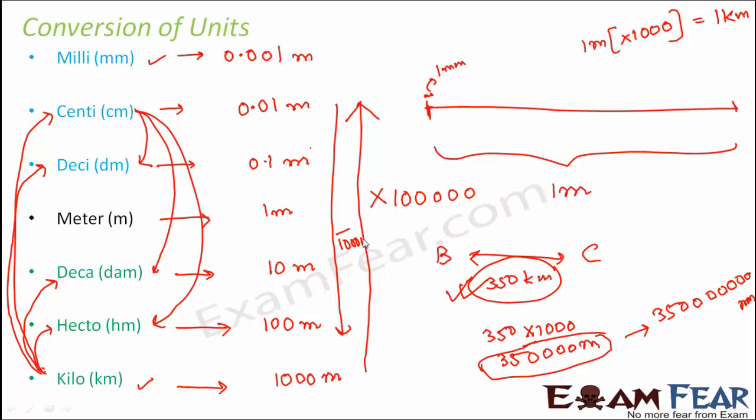So you have to divide by 1 followed by 4 zeros, that is 10,000. This is how you convert from one unit to another. So always remember, when you are going from down to up, you have to multiply, and when you are coming from top to bottom, you have to divide. So that's how it is.